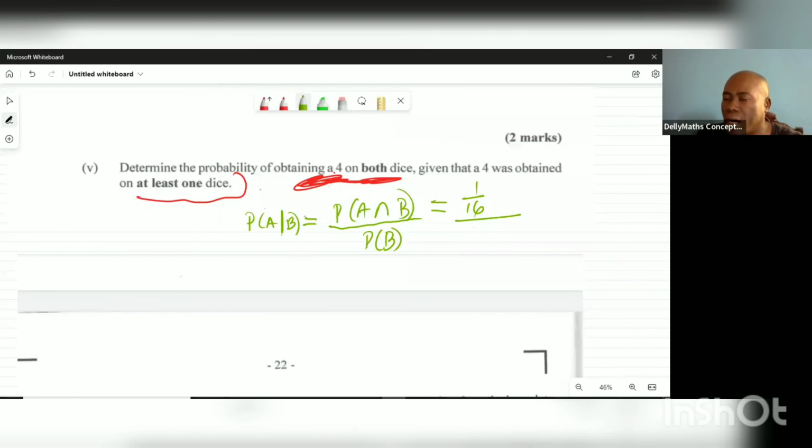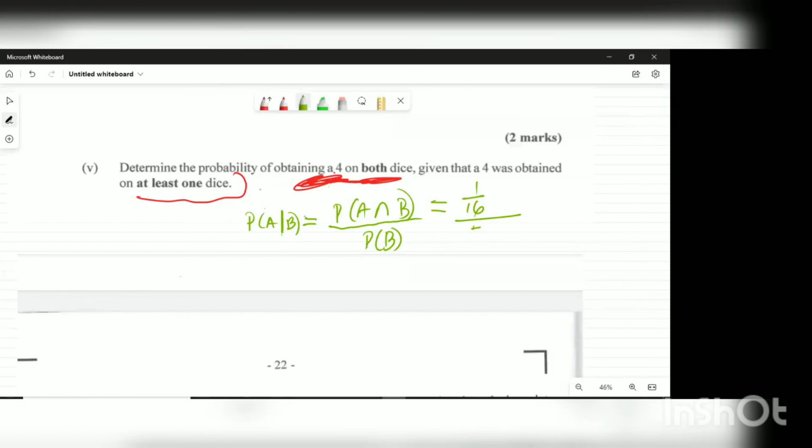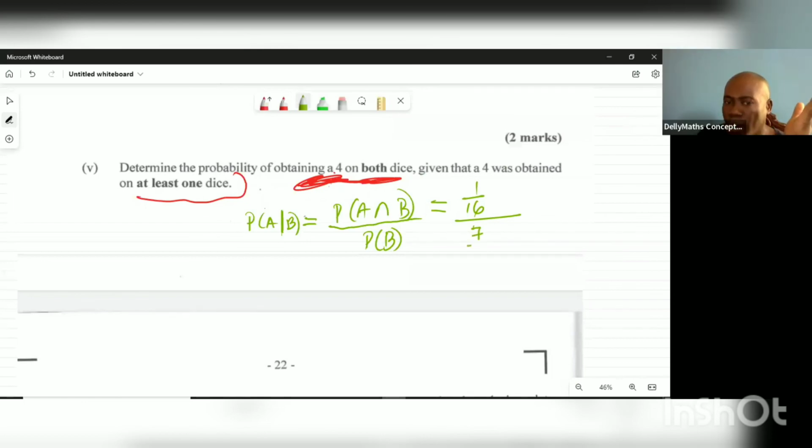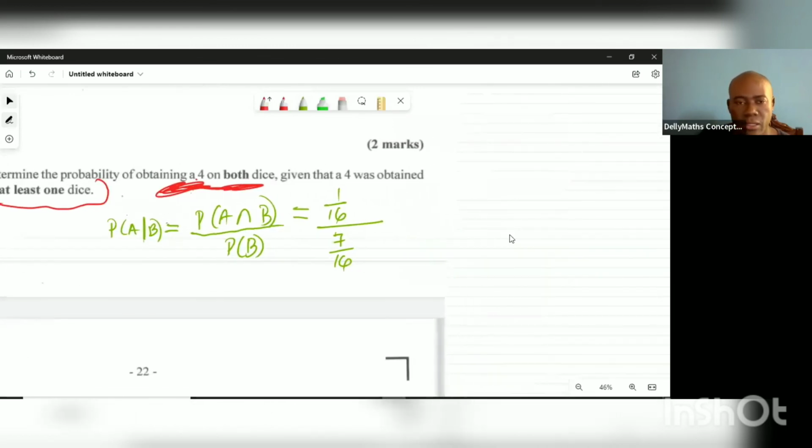What was that again? That was 7/16 to get a 4. Yes, at least a 4, because it was 7 chances. And you could see the 1/7 coming from this right now, by looking at it.